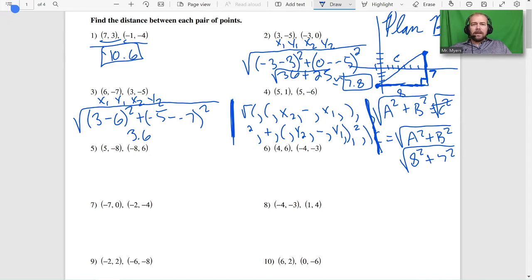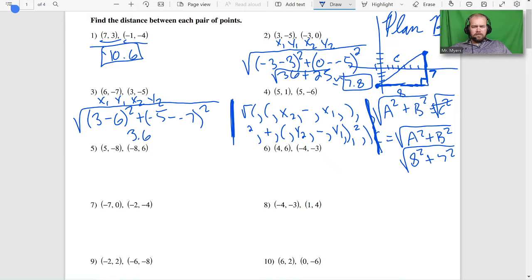So I'm going to go ahead and type in this next one. I'm going to do the square root, parentheses, okay, x2. What's x2? x2 is 5 minus x1, also 5, squared, plus parentheses.